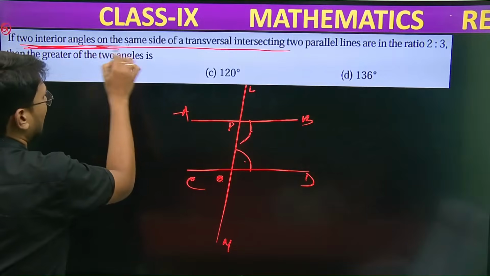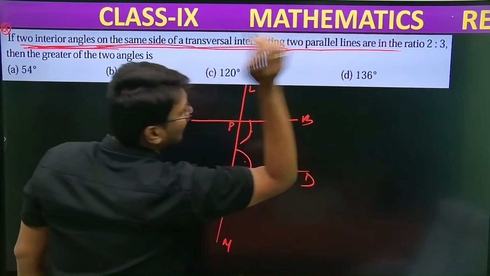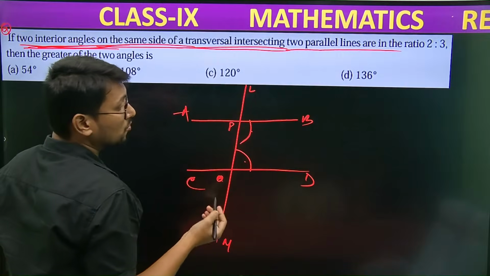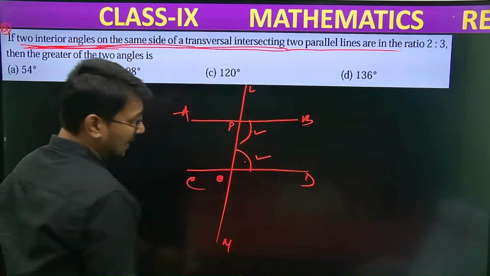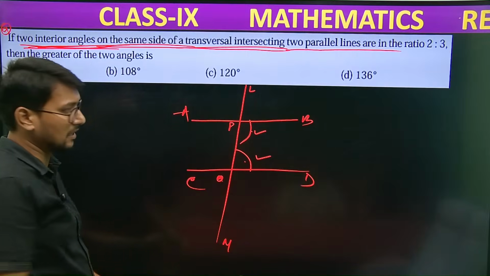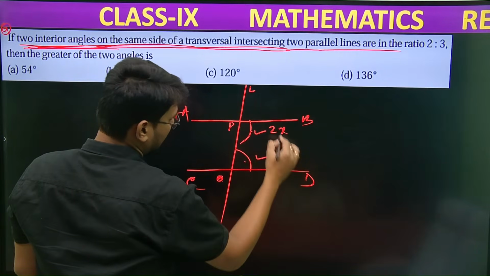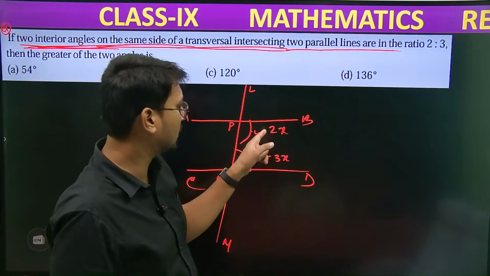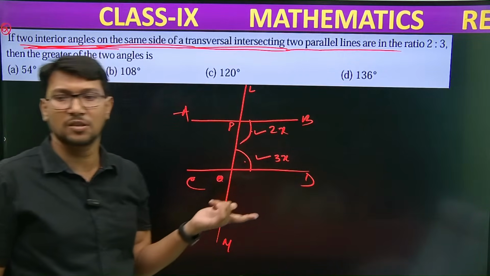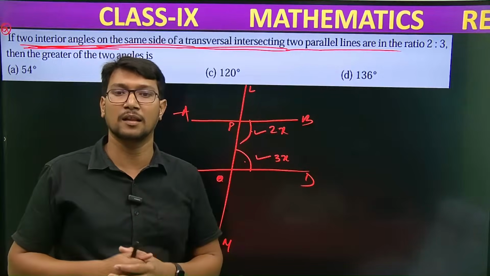Two interior angles on the same side of the transversal intersecting two parallel lines are in the ratio 2:3. So what is the ratio of this angle and this angle? 2:3. If this is 2x, then this is 3x. But these two are which type of angles?